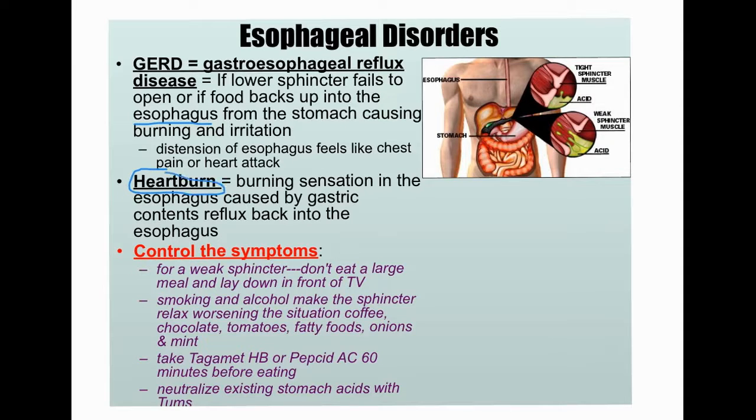That's basically the same thing, where those gastric contents, gastric just means stomach, reflux back into the esophagus. Since they're filled with acid, the esophageal lining is not designed to withstand it, but the cells in your stomach are, because they secrete a special type of mucus that protects them from the acid.